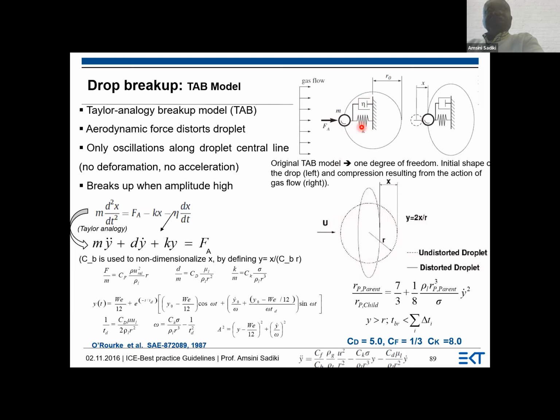We have not the Maxwell, but it is not the Maxwell, but I will remember it. So we have this Kelvin body. Okay. We have this one.